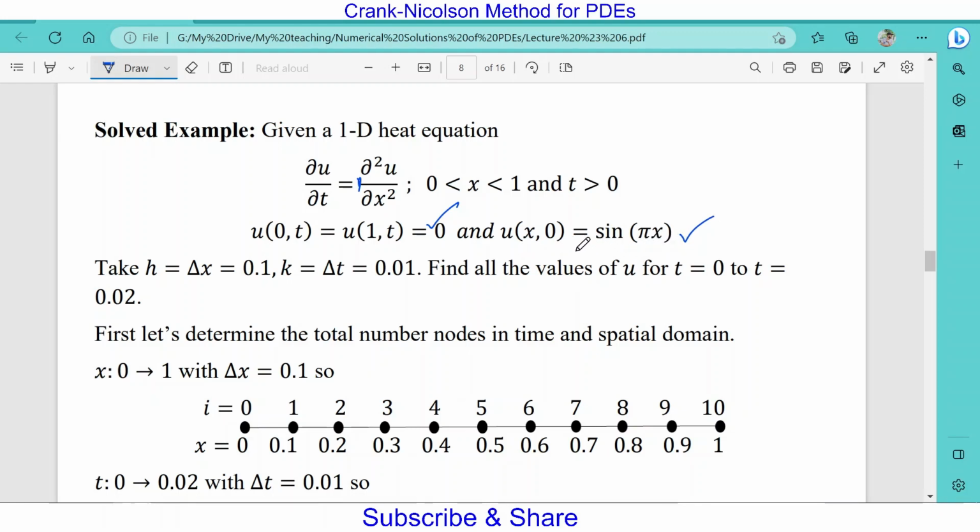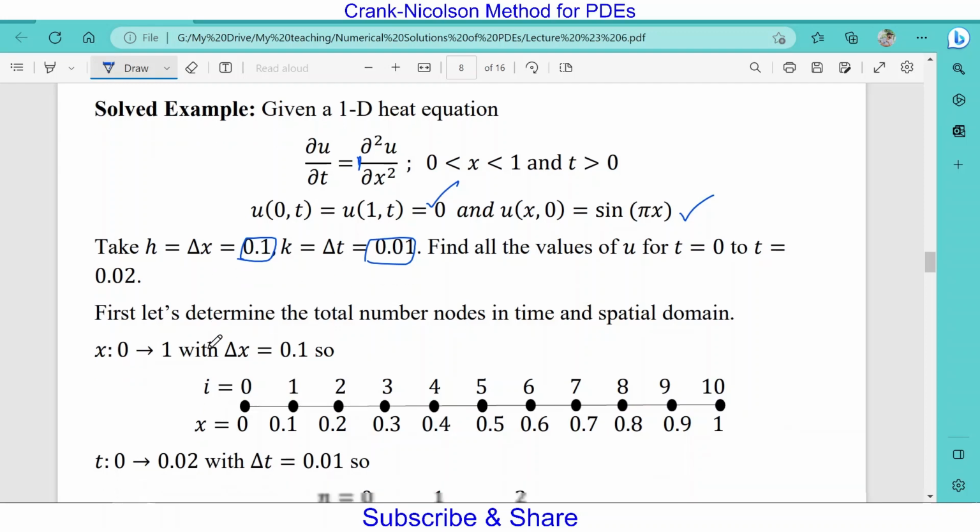So at time 0, at different space steps there will be different values. We have to solve this equation using space step 0.1 and time step 0.01, and we have to find all the values of u for t from 0 to 0.02, which means we will perform two iterations because this time step size is 0.01.